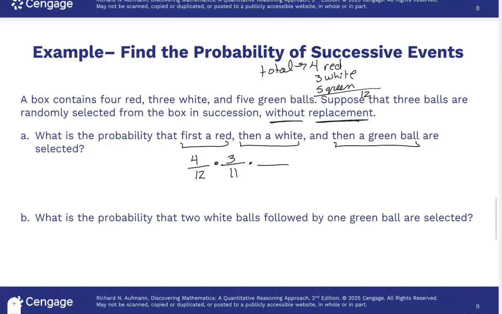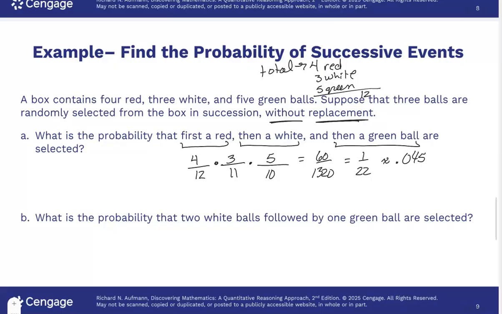So now we've got 2 balls that have already been taken out. We have 10 left, and out of those 10, 5 are green. When I multiply together, I'm going to get 60 in the top and 1320 in the denominator. And that reduces to 1 out of 22, which is about 0.045.